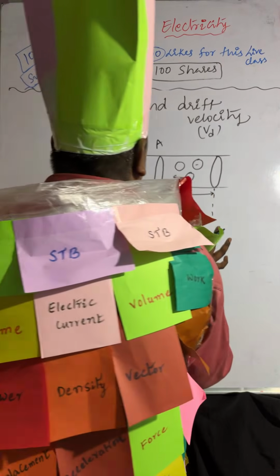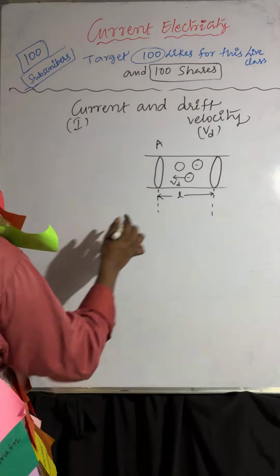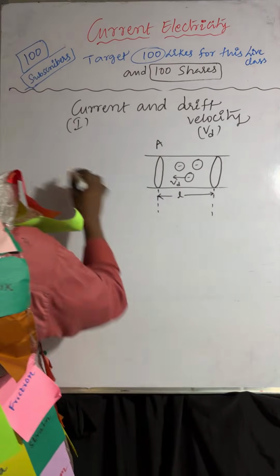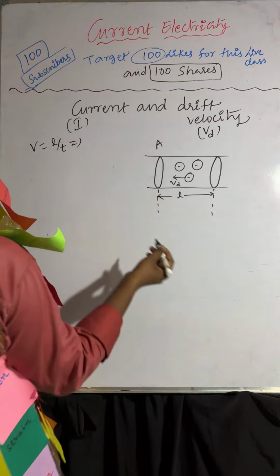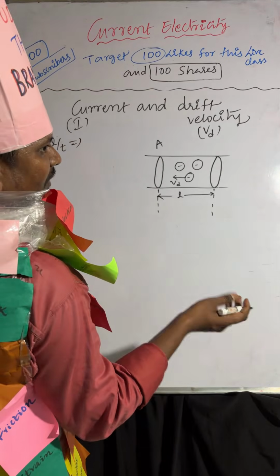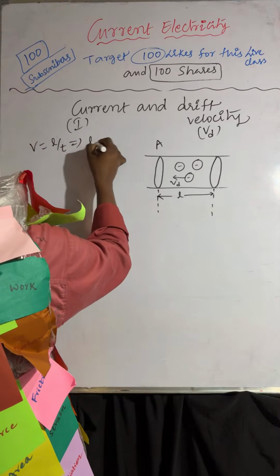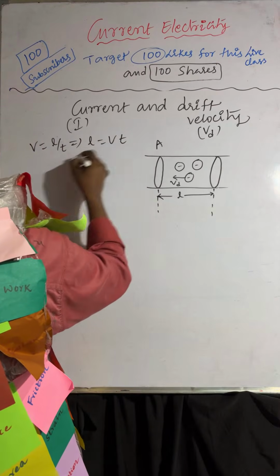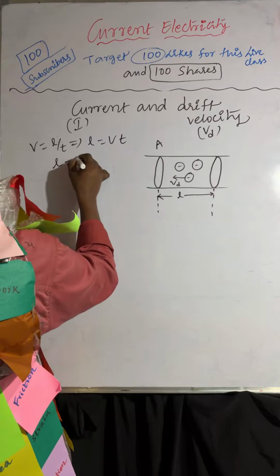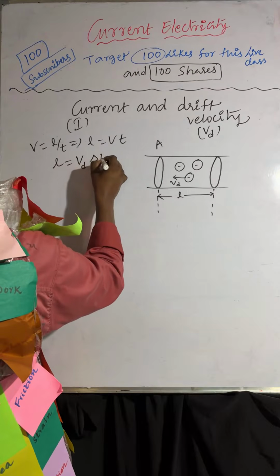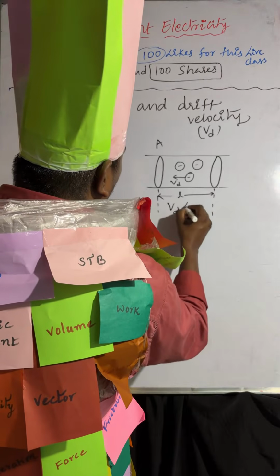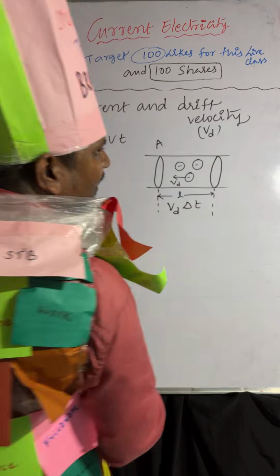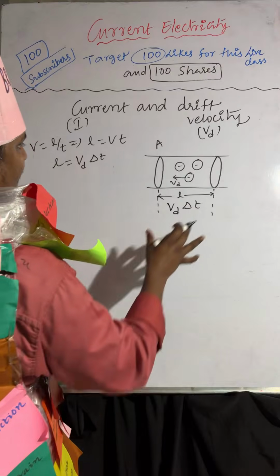Now you can observe: V equal to L by T, that is length by time. Taking magnitude, L equal to V into T, so L equal to Vd into delta T. This length is nothing but Vd into delta T. Understood or not?